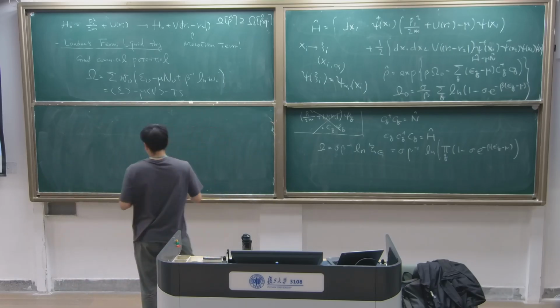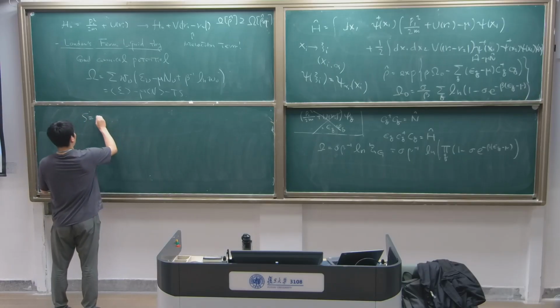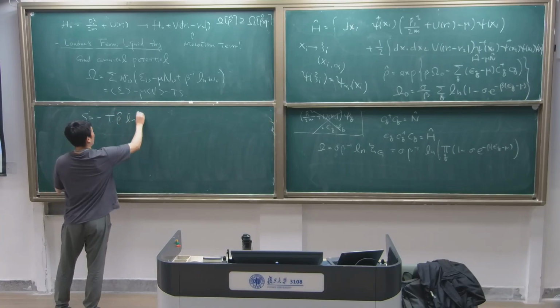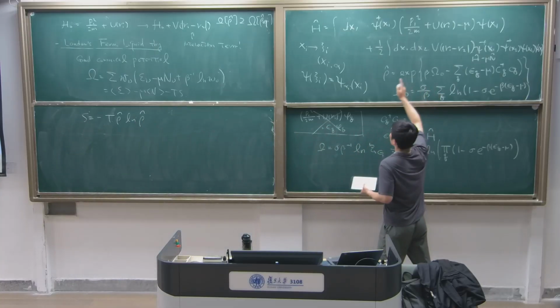So now we recall that S is equal to minus the trace of rho hat log rho hat. Let's plug this one into here.